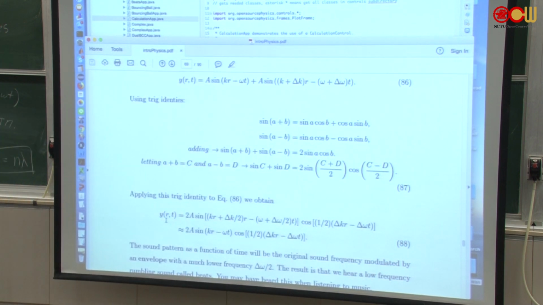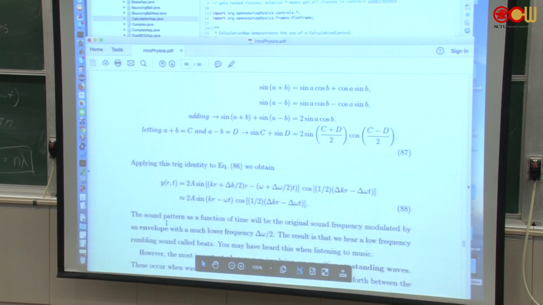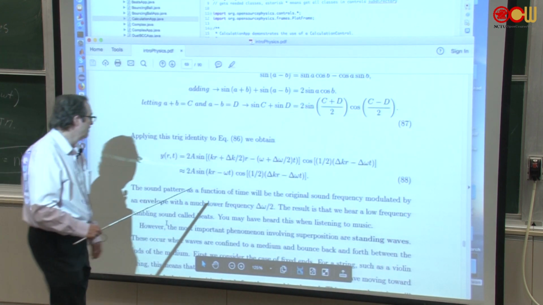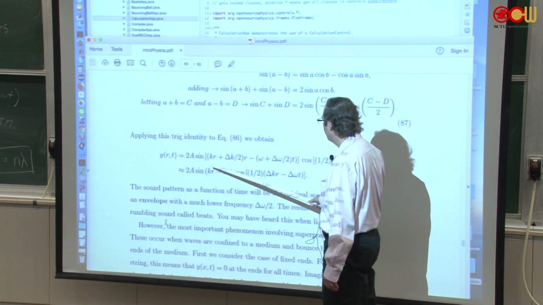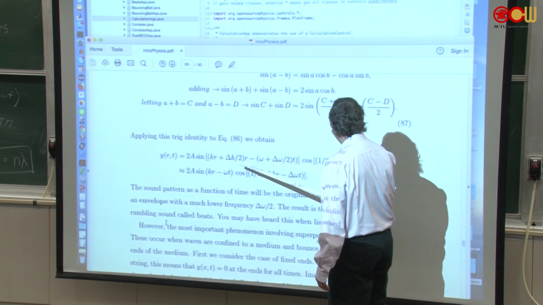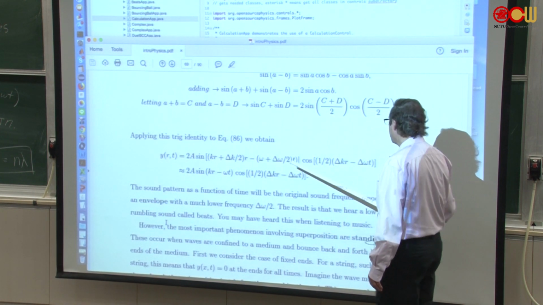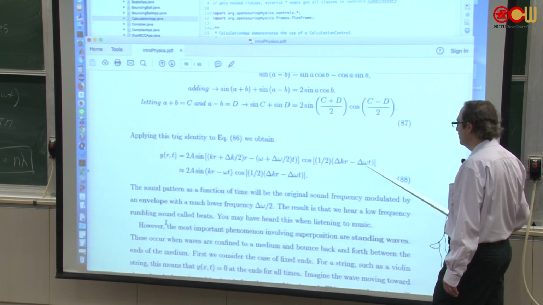So I apply that to the formula above for k and omega. So all I'm doing is applying it to above. Here I'm adding the two together, and here I'm subtracting the two. So you get delta k and delta omega.